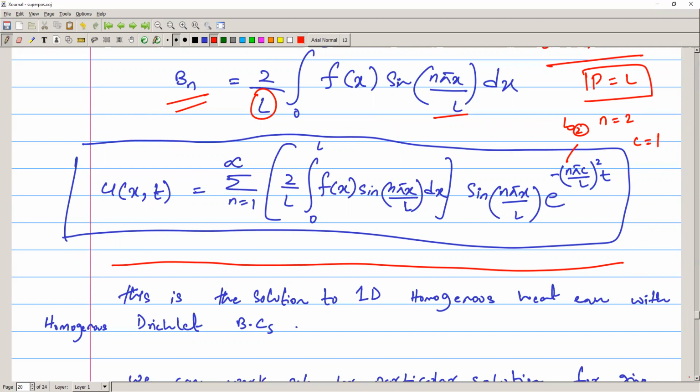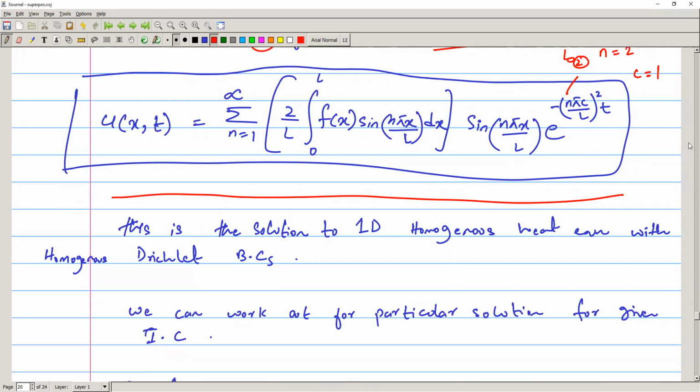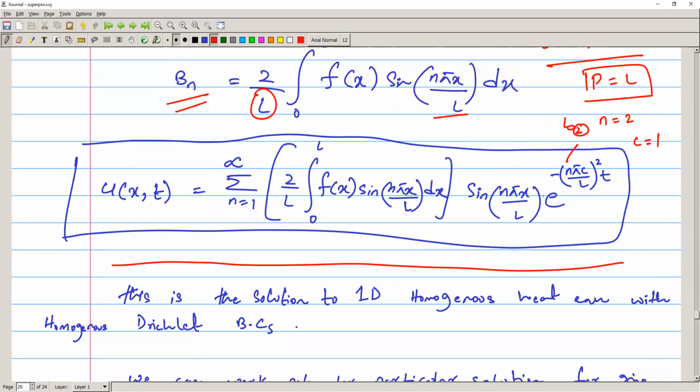And for b3, similarly, this n will be 3, right? So for b2, it's n squared, that's why it's 4. And for b3, it's n squared, and 3 squared is 9, right?